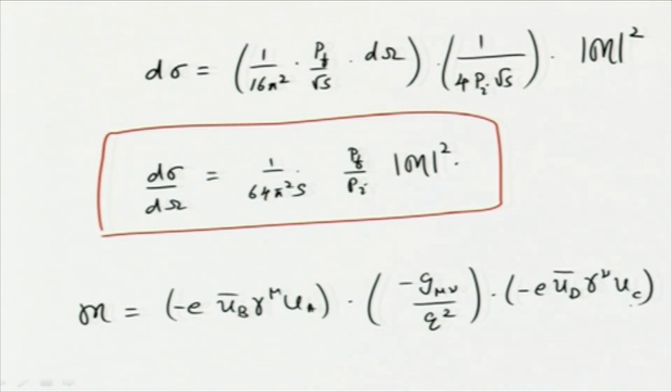We will see what we can do with this M, or multiplying it with the complex conjugate, M bar M, the squared amplitude. We will come to that in the next discussion.